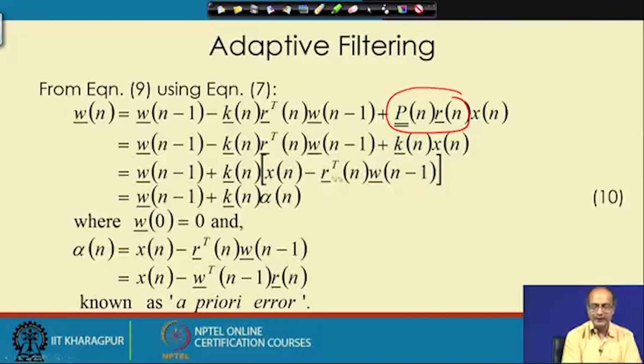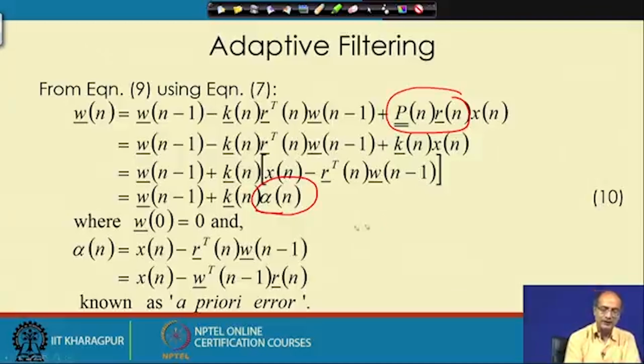And if we look at this term, it is very similar to the error equation. Okay, the only change is that in case of the error equation, instead of W n minus 1, it would have been Wn. In any case, for this term we are replacing it with a new name, that is called alpha.